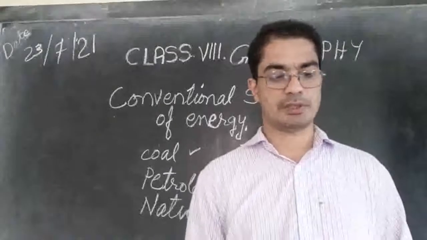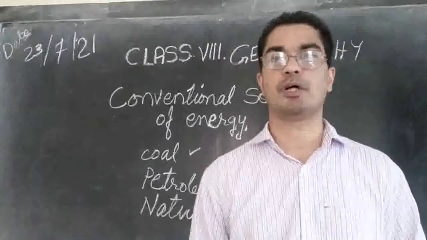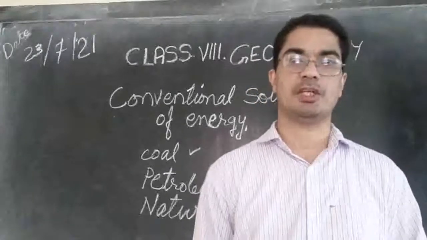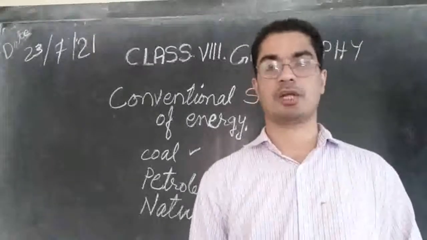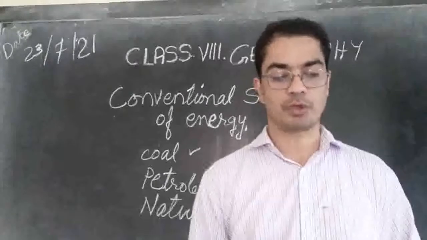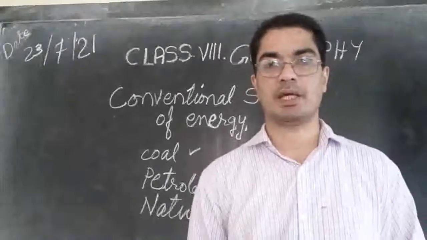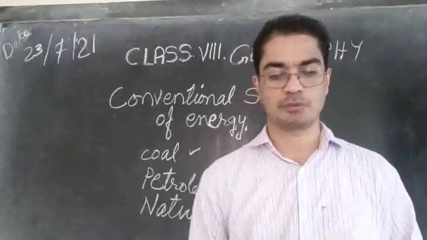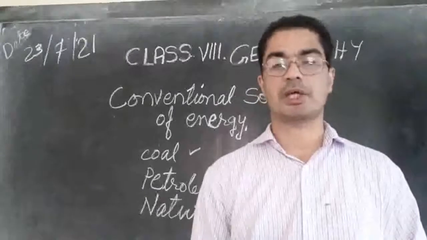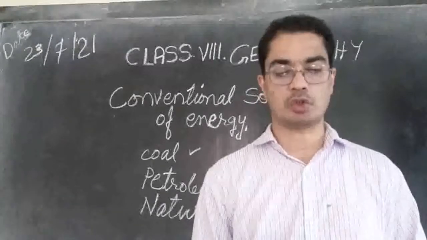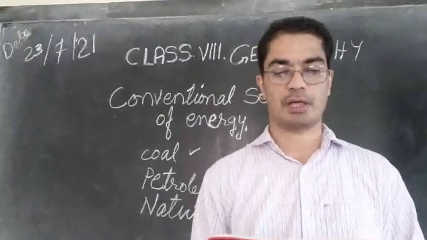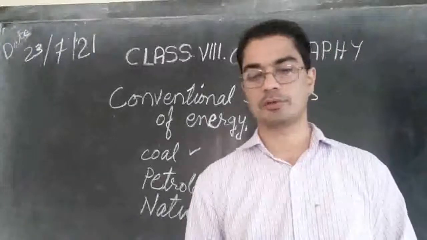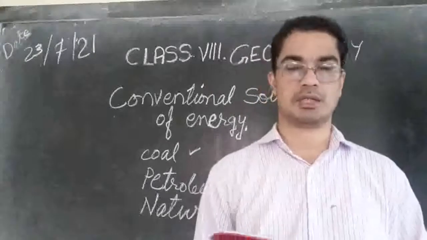Now let us see a little detail about what this CNG, compressed natural gas, is. You can see in your textbook, left side. Do you know? Compressed natural gas or CNG is a popular eco-friendly automobile fuel. So this is eco-friendly and it is used for running vehicles as well.